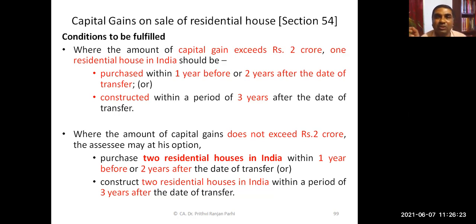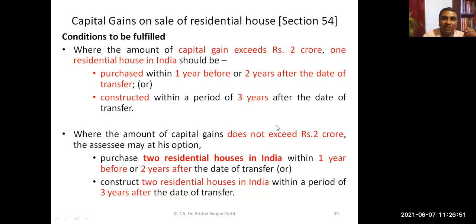Or if the assessee is not purchasing but constructing, then he must have constructed either 1 or 2 residential houses within a period of 3 years from the date of transfer. So for construction, 3 years are allowed subsequent to the date of transfer. But for purchase, 2 years are allowed subsequent, and prior to that, within 1 year, the assessee may purchase.